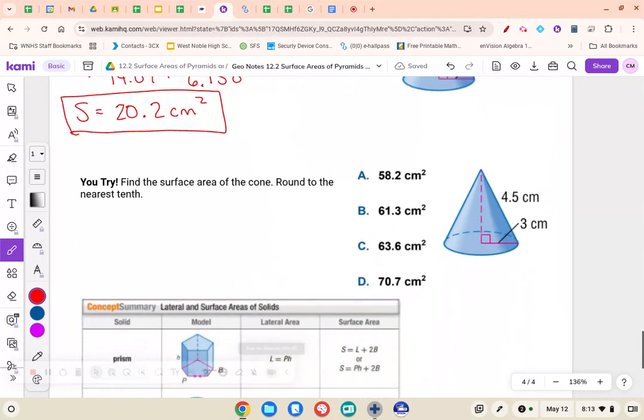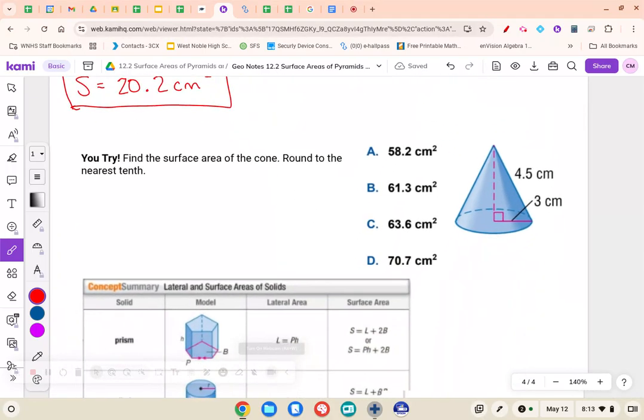All right, go ahead and try the U-try. Okay, hopefully that wasn't too difficult because once again, this gives you the slant height and the radius. So all you do is plug this into your formula. So our radius is 3.